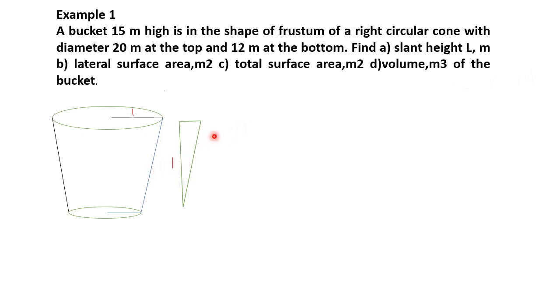A bucket 15 meters high is in the shape of a frustum of a right circular cone with diameter 20 at the top and 12 at the bottom. So with diameter 20, you have 10 radius, and for 12, you have 6 meter radius. So let's take up the solution.